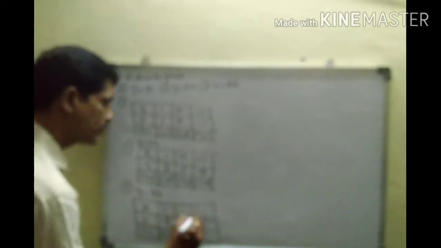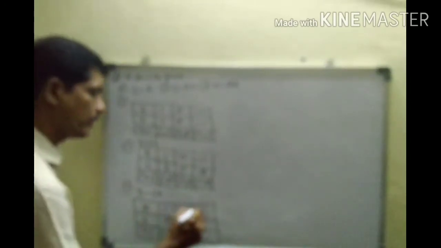Therefore minus 2 into 1, that is minus 2. 1 comma minus 2. Next x equal to 0. Minus 2 into 0, 0. 0 comma 0. Next we have to take minus 1. Minus 2 into minus 1, that is positive value, that is minus 1 comma 2.